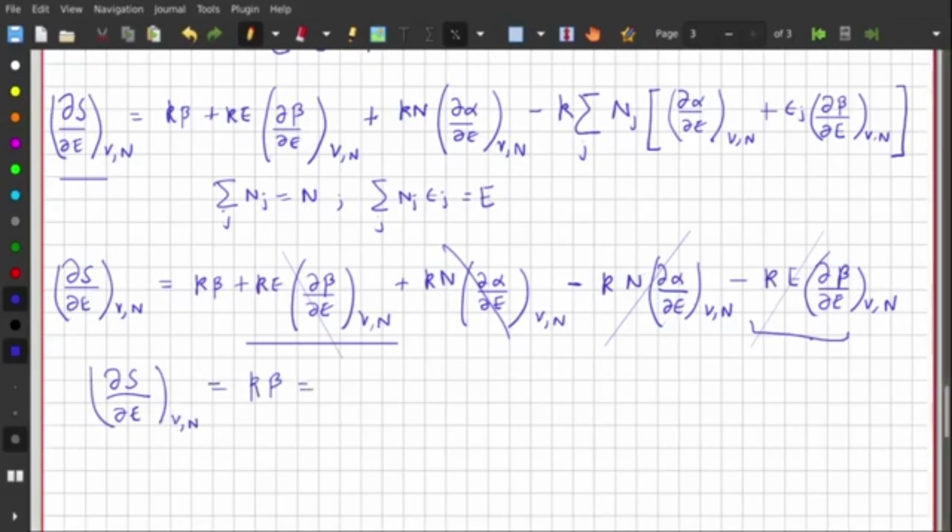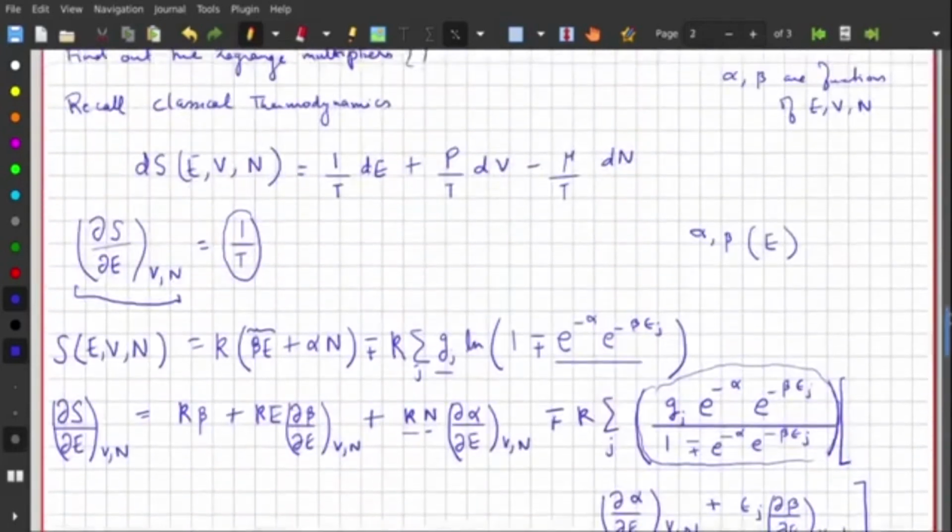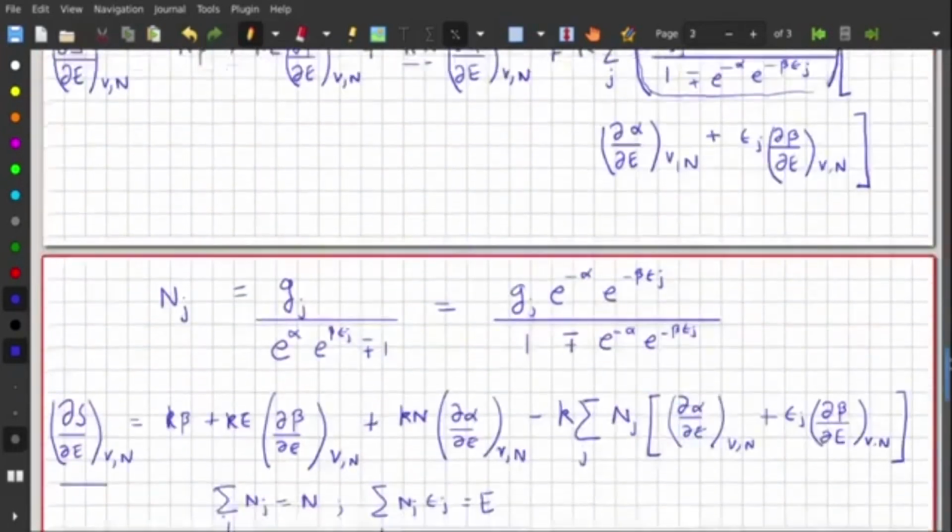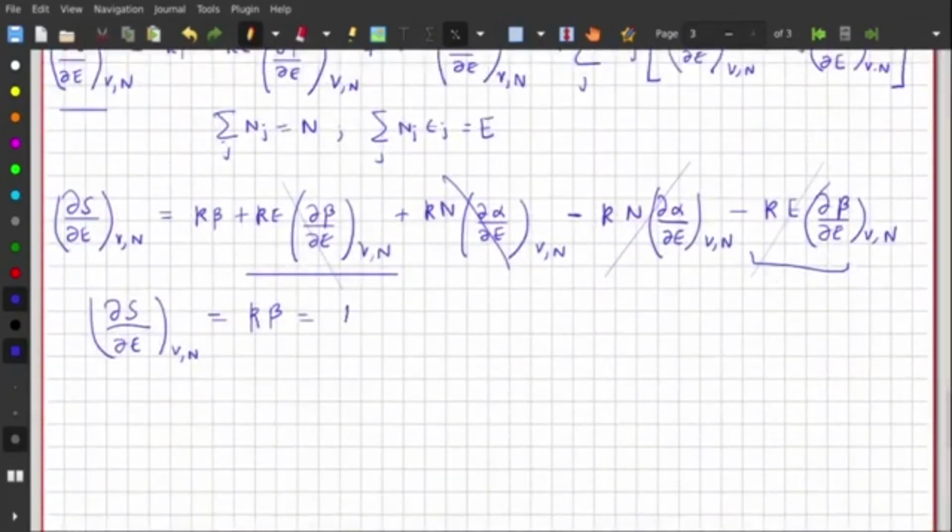And recall from classical thermodynamics we showed what that derivative was. That partial derivative was 1 over t. From here we conclude that we found one of the Lagrange multipliers, which is beta. So beta is 1 over Boltzmann constant times temperature. That's how we find the Lagrange multipliers.